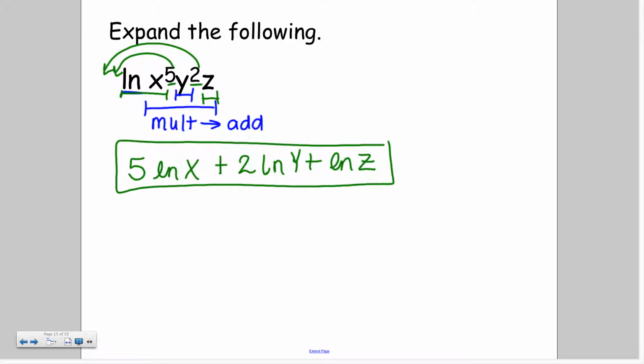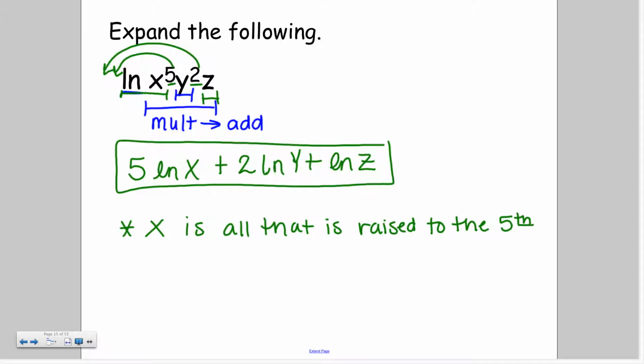Now, something that I want you to pay attention to, the reason the 5 is in front of the x is because x is all that is raised to the 5th.